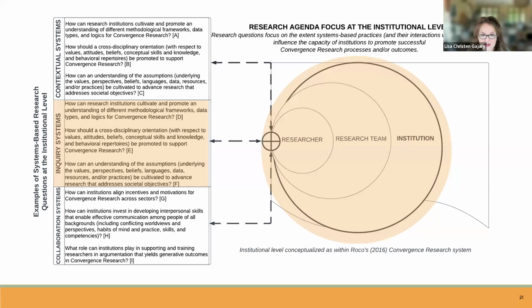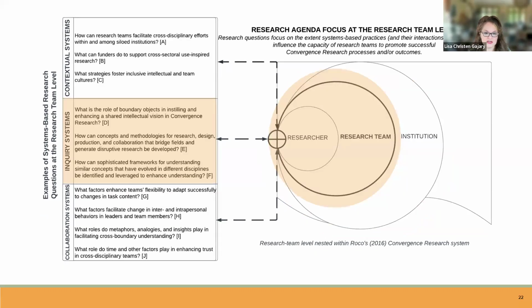So what does that mean in terms of establishing boundary objects in convergence research? And then for the next slide, please, going down to the research team level.